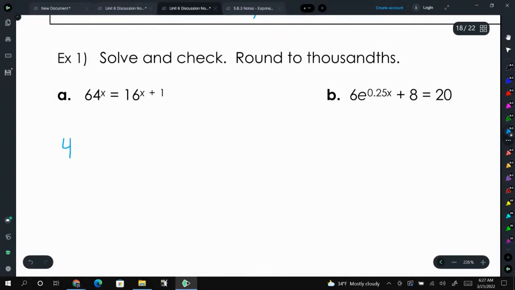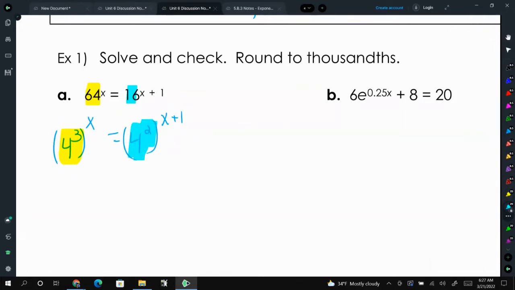So we can write this as 4 to the third to the x power equals 4 squared to the x plus 1 power. Because 64 is equal to 4 to the third, and 16 is equal to 4 squared.